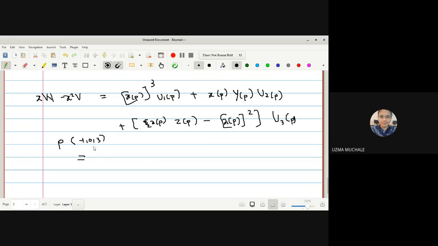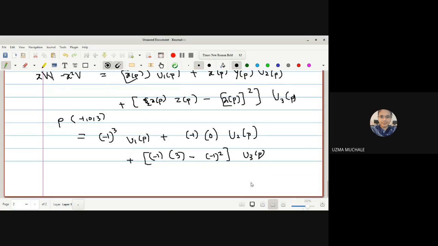Okay, value of x is -1. So what is -1 cube? -1. And what is the value of y? 0. This is u2 of P. Plus next, value of x is -1 into z. Z of P is 3 minus (-1) squared, u3.